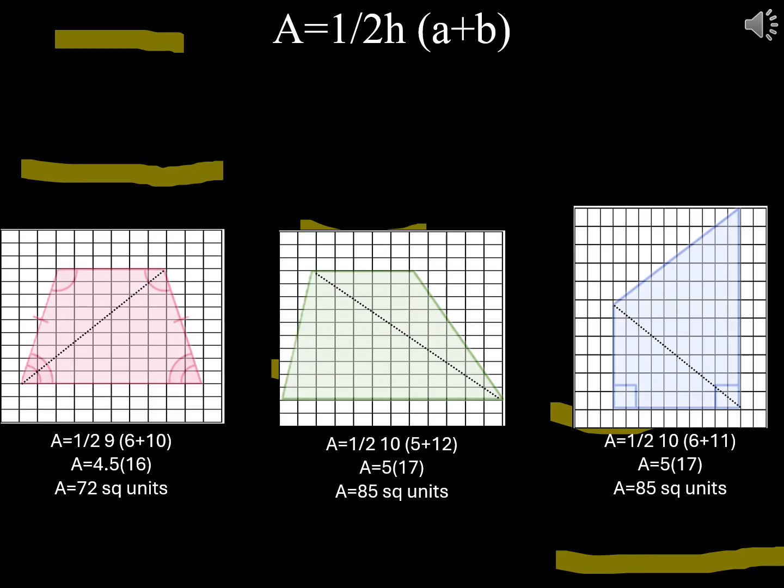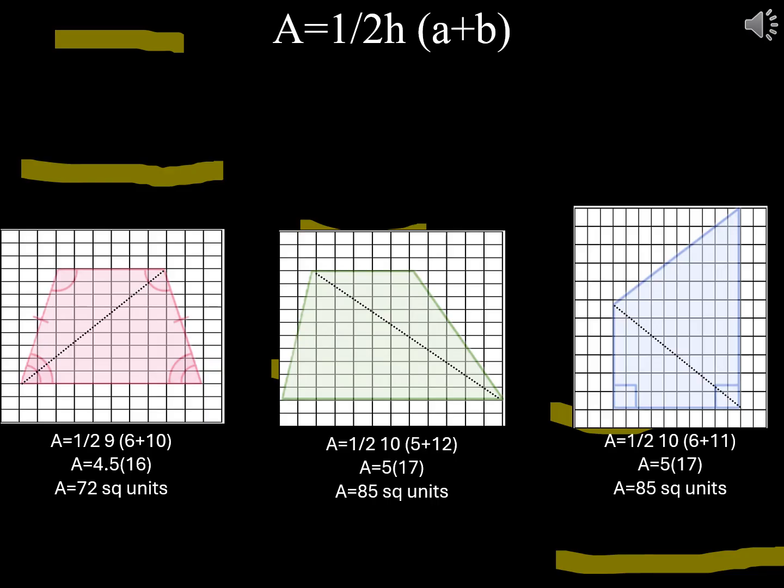Now, this last one, the trapezoid has been rotated just a little bit, so it looks different, but we do it the same way. We're going to look at our bases, those two parallel lines, and our first one is 6, our next one is 11, and then we've got to find the height.